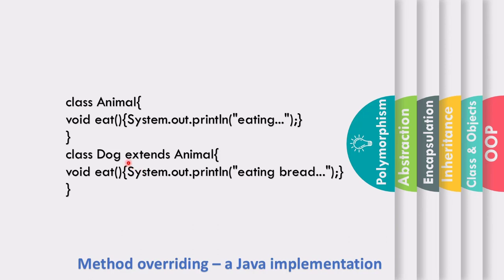In this example, dog has an eat method. Animal also has an eat method. But the subclass dog objects are executing the eat method defined in the dog class.